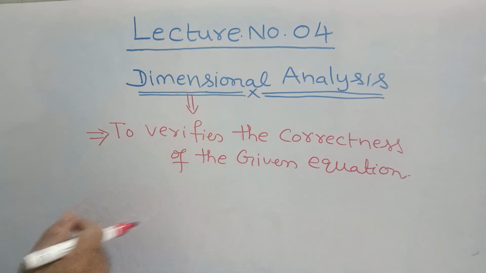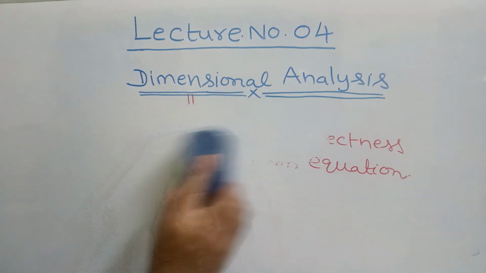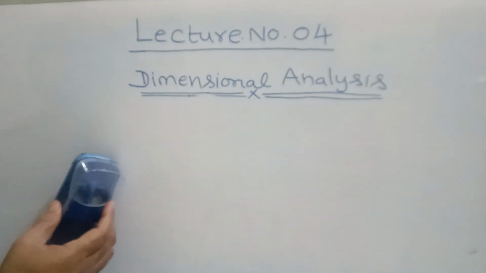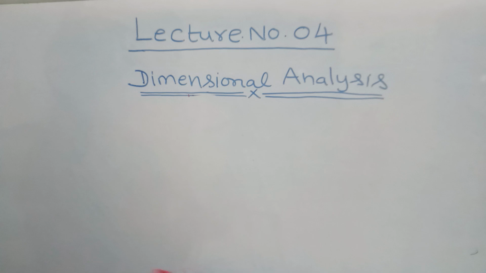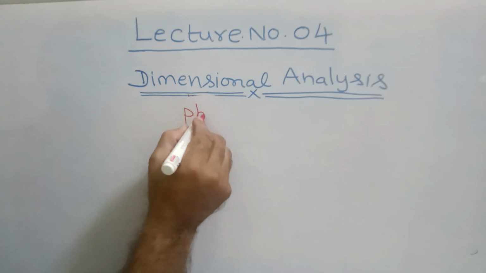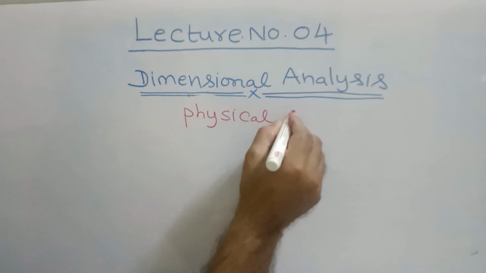By the way, in our previous presentation, I think we have covered what a dimension is. We have discussed so many important things. What are the physical quantities in general?